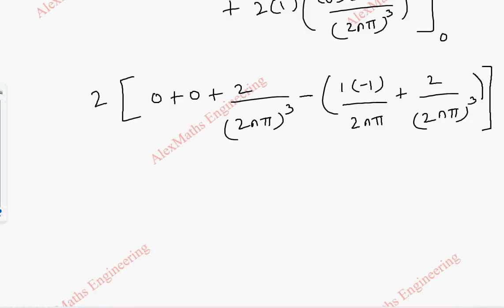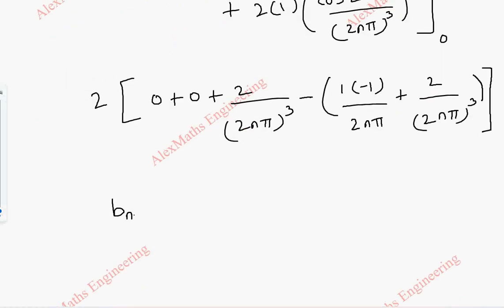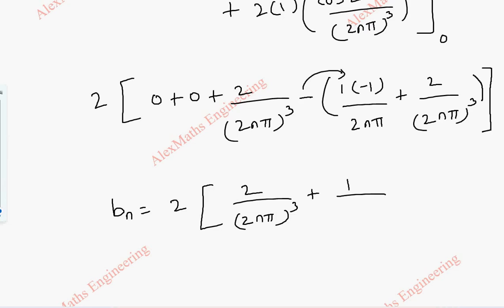And here we get bn equal to 2 into, this term is 2 by 2n pi whole cube, and when I carry this minus here, it will become plus 1 by 2n pi and minus 2 by 2n pi whole cube.